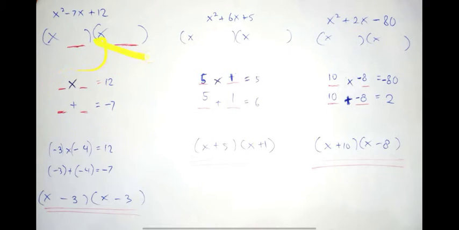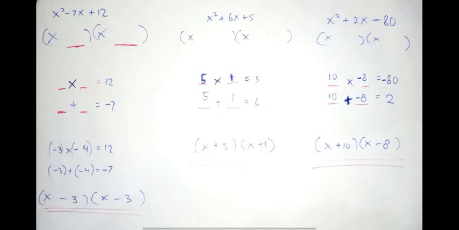This blank must be filled with numbers, but there is a rule to determine these numbers: these two numbers, if multiplied, should be the same as the last number in the expression, which is 12. And if you add them, you need to get the middle one.